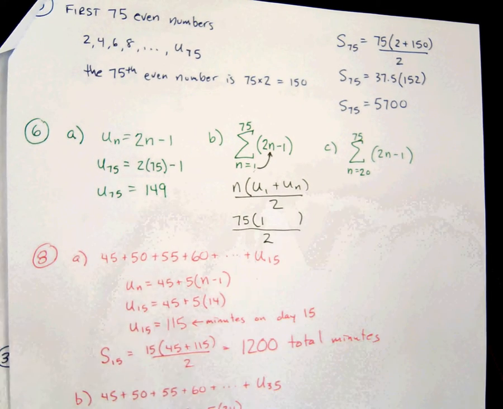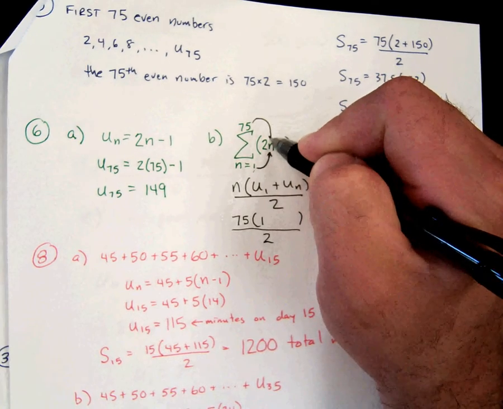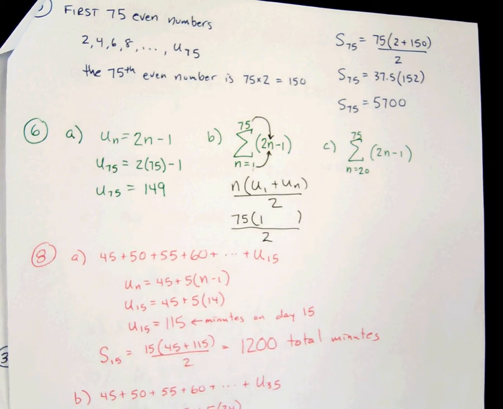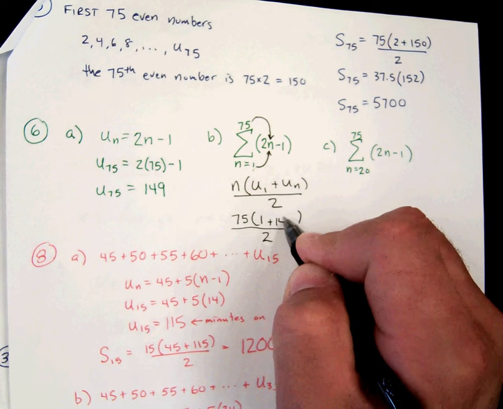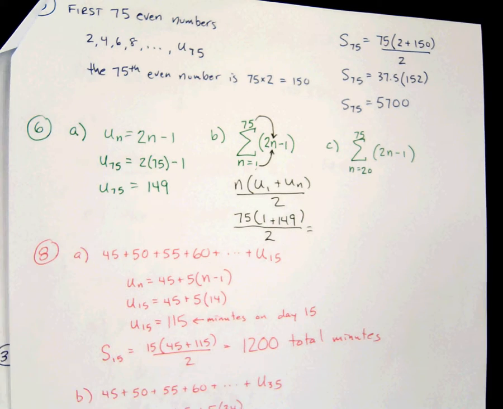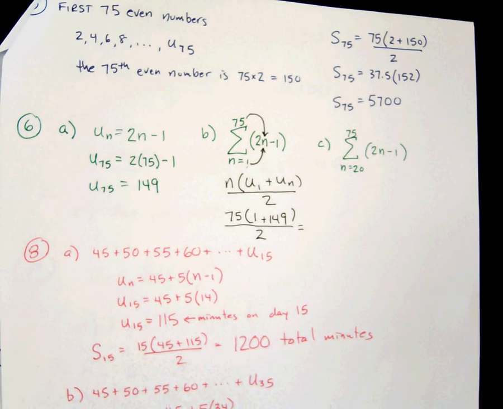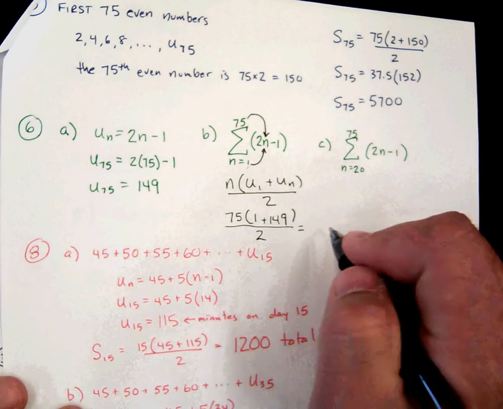Not 75, u75. The answer you get when you plug 75 in. We did that already. We got 149. So the answer is 75 times 150 divided by 2, which is 5625.